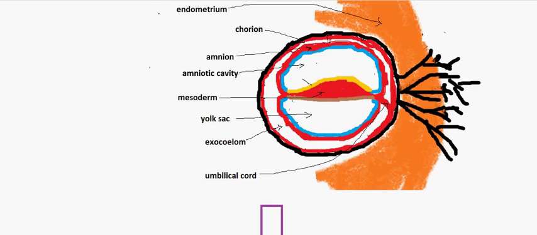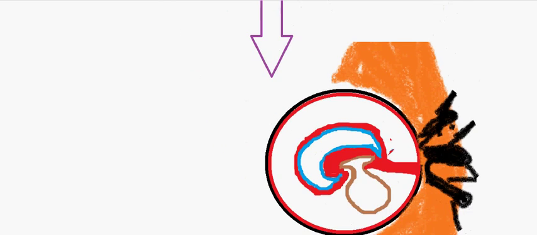The previous structure I kept over here. This amniotic cavity expands over here, and it narrows the point of contact with the yolk sac. See, the point of contact with the yolk sac has been narrowed because the amniotic cavity has expanded.